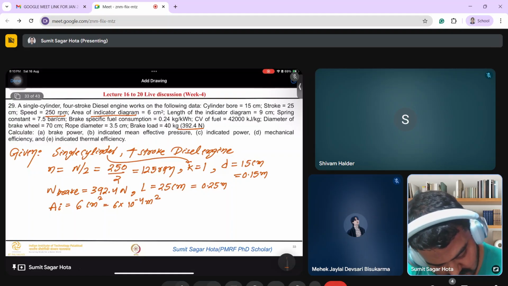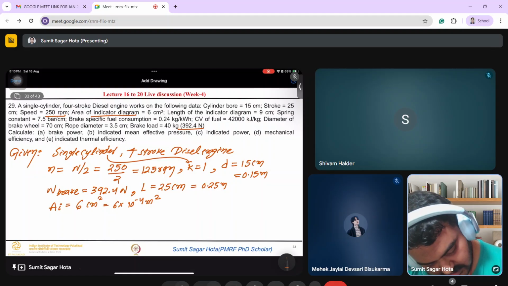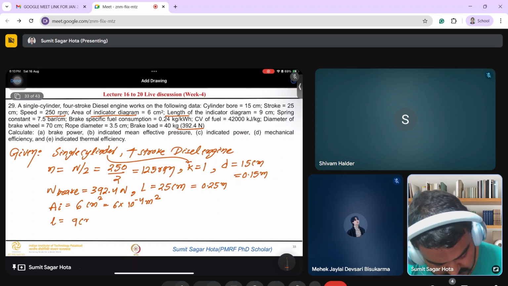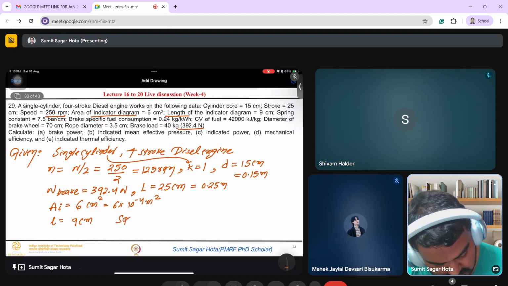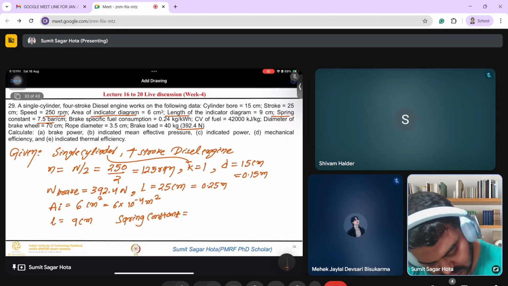Okay, and the length of the indicator diagram, small l, is equal to 9 centimeter. Okay, what is the spring constant given? You can see here it's written, the spring constant is 7.5 bar per centimeter.